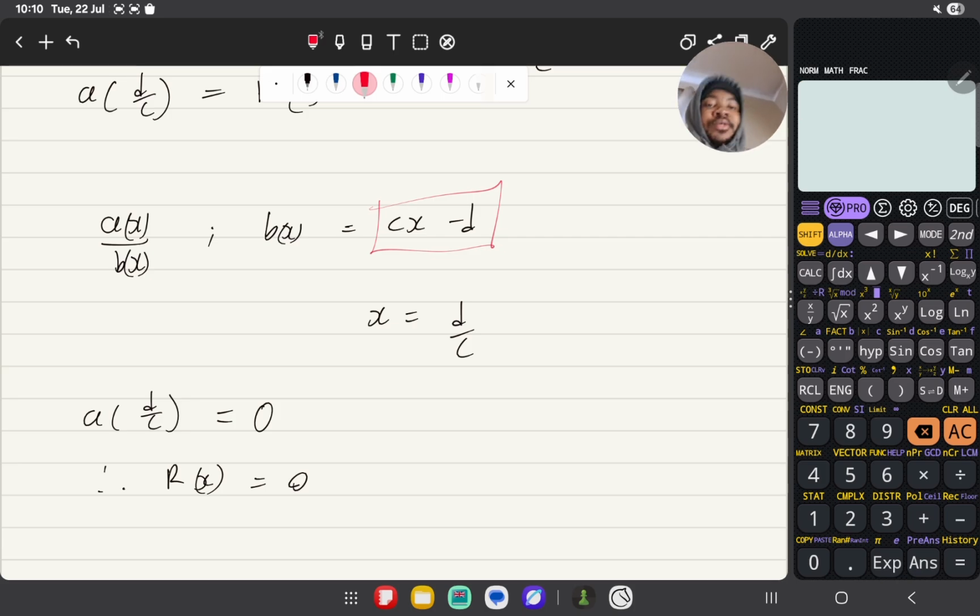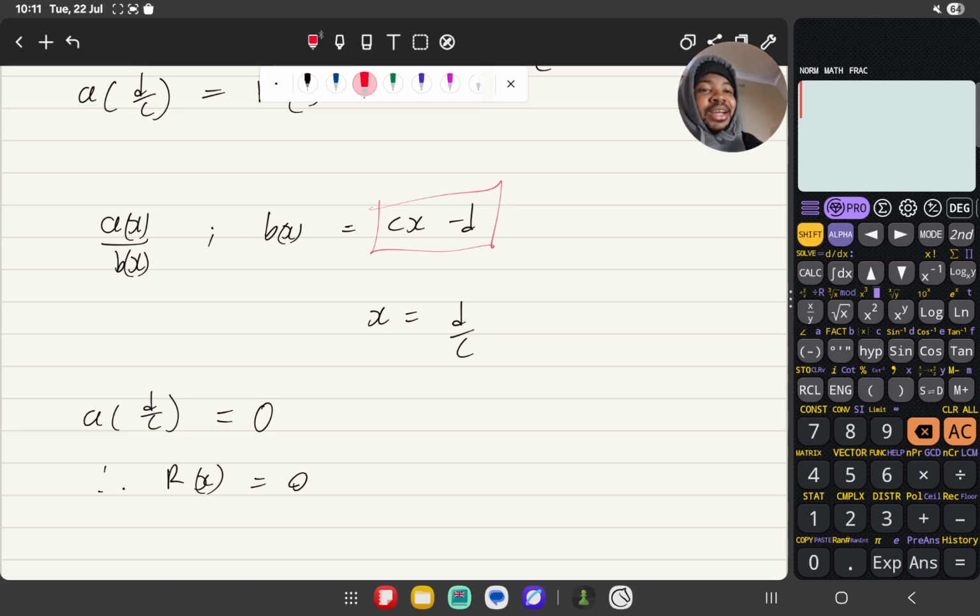So let's forget about polynomials for a bit now. Let's talk about numbers. Remember, 3 is a factor of 6. Generally speaking, whenever you say this number is a factor of that particular number, we are saying these numbers can divide those numbers without leaving a remainder.